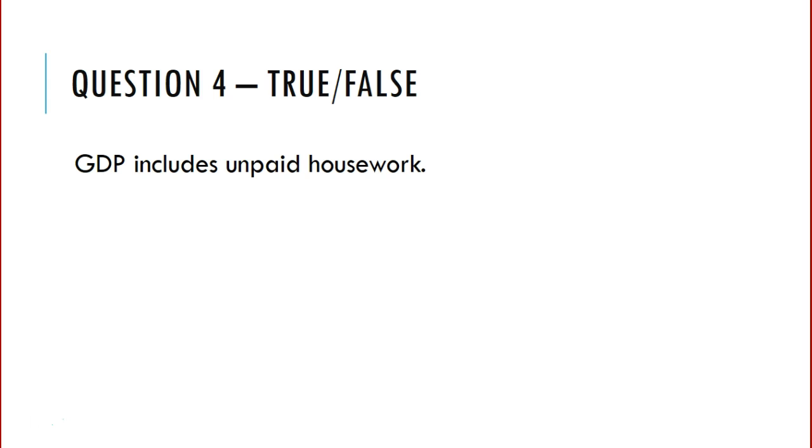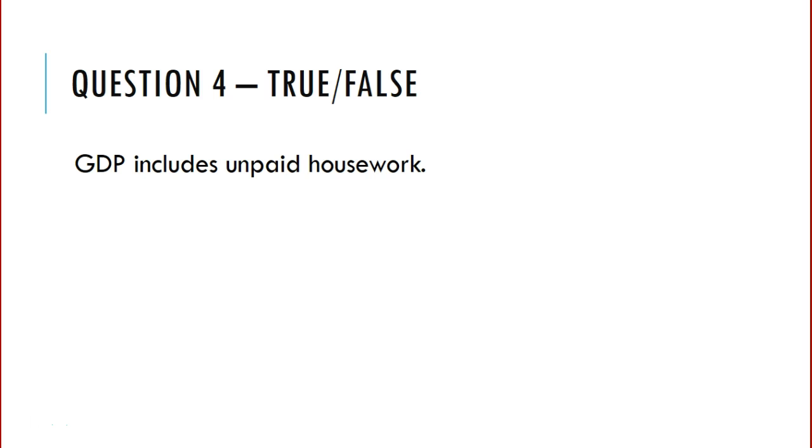GDP is referring to the production of legal goods and services which are to be sold in a market. Unpaid housework, like volunteer work that people do in the economy, is not counted because, although it does involve the production of something, either goods or services, it doesn't involve production for sale in the marketplace.